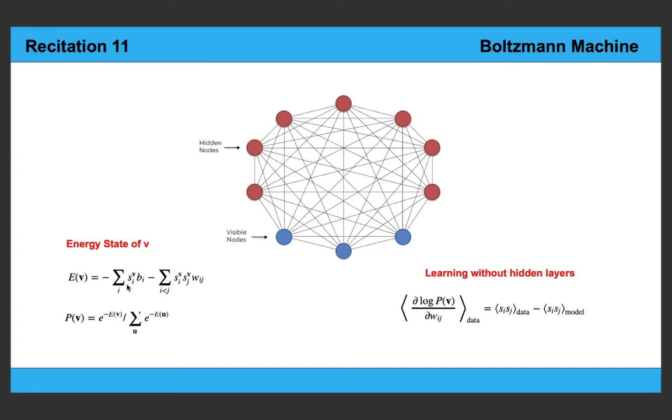More specifically, the aim is to find weights and biases that define a Boltzmann distribution, the equilibrium, where the training vectors have high probabilities like the original ones.